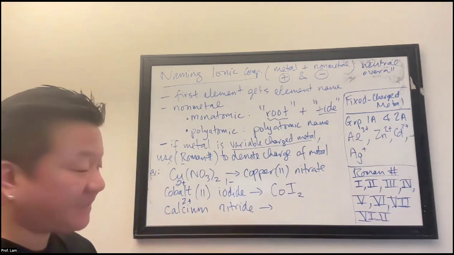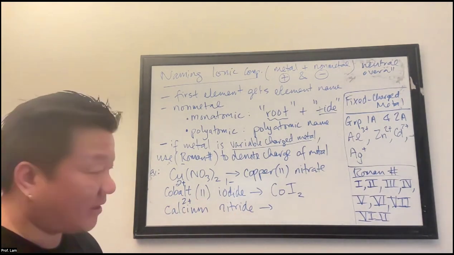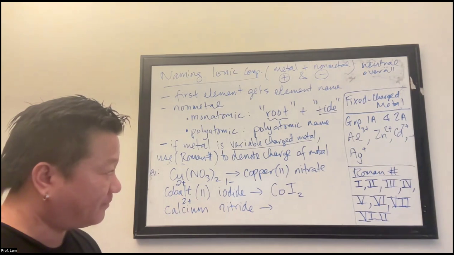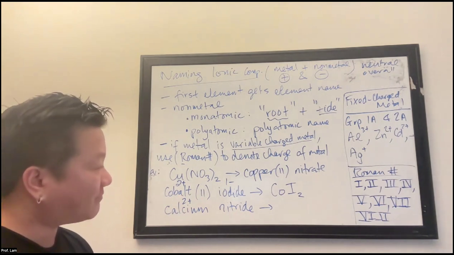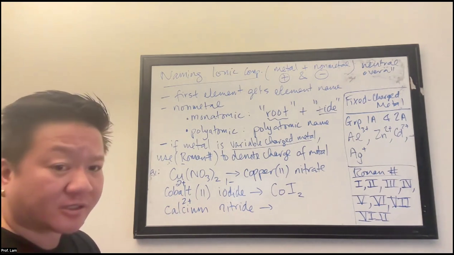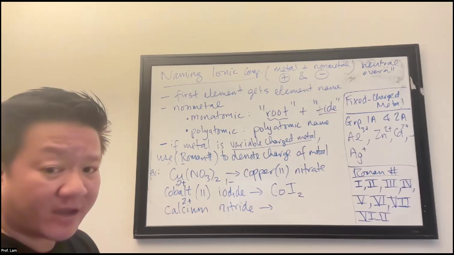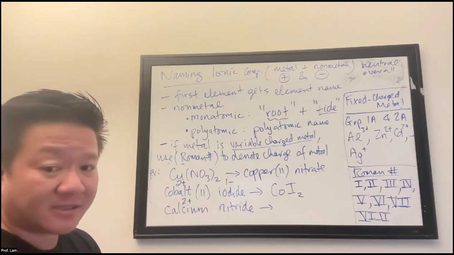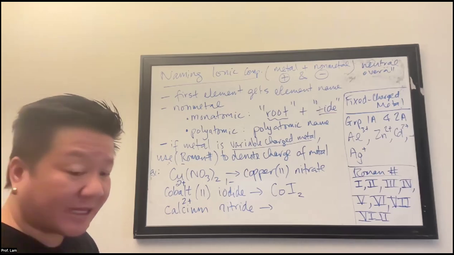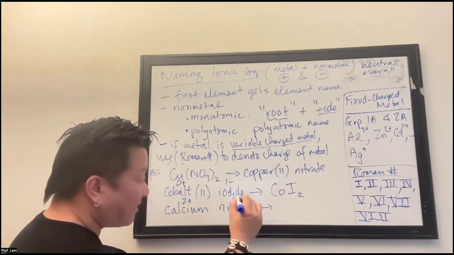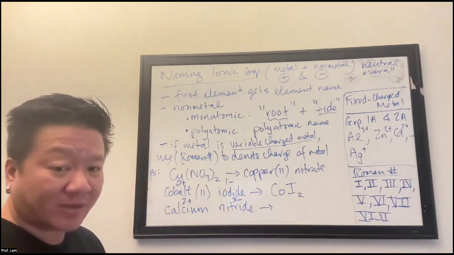Nitride, see, it's an IDE ending, so it's going to be a monatomic charge. So look at where nitrogen is on the periodic table. It's in group 5A. The quickest way to the noble gas is 3 to the right, which means it wants to gain 3 electrons. And so, therefore, nitride is 3 minus.